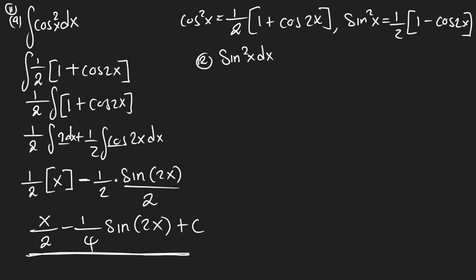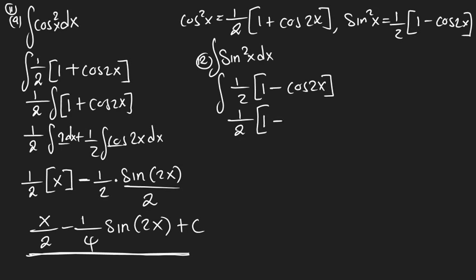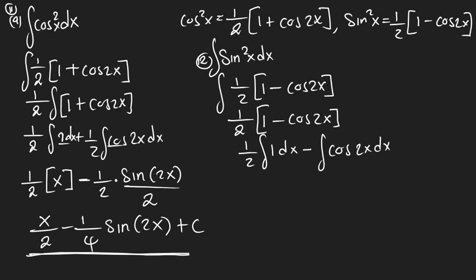Of course, you replace, which is just going to be 1 over 2 of 1 minus cosine 2x, so this is going to be 1 over 2 integral of 1 dx minus cosine 2x dx.